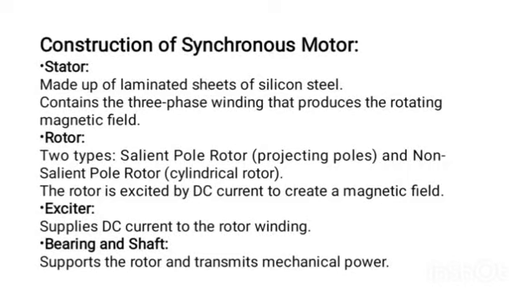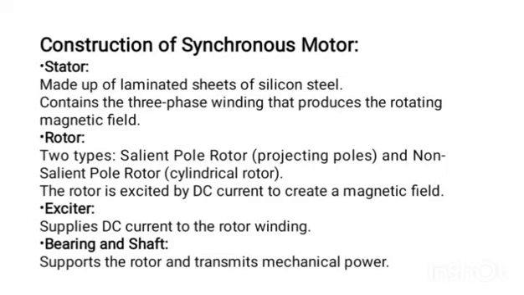Next, I will talk about the construction of synchronous motor. Basically, the synchronous motor has two main parts: one is the stator, another one is the rotor. The stator is made up of laminated sheets of silicon steel.